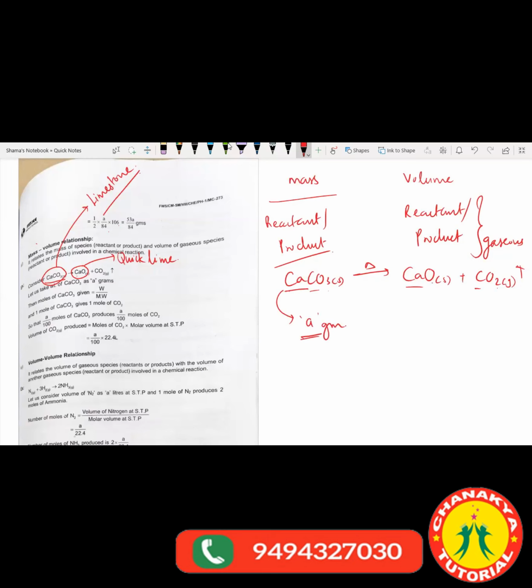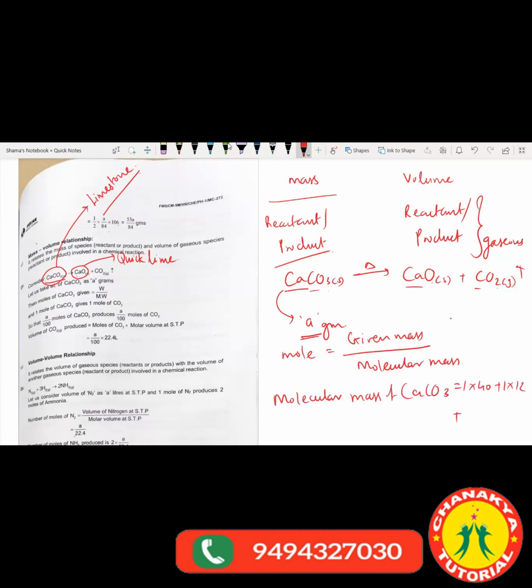Then moles of CaCO3 would be what? How are you going to calculate the moles? Already we know mole is equal to given mass upon molecular mass, correct? So molecular mass of CaCO3 is what? First of all, you calculate that. Calcium atomic mass is 40, so 1 into 40. 1 into 12 because carbon has atomic mass 12.